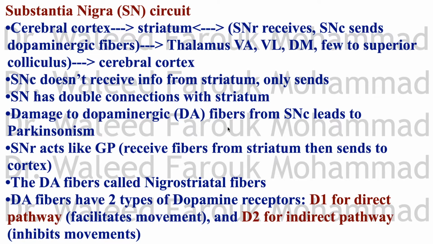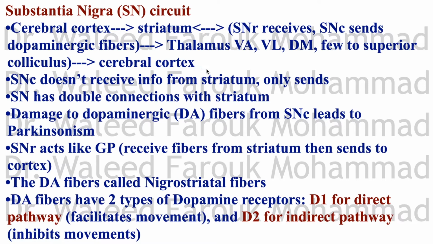Now the substantia nigra circuit. Outflow comes out of the cerebral cortex to the striatum, corpus striatum I mean, and from there the substantia nigra reticulata receives the input, while the substantia nigra compacta sends the outflow through dopaminergic fibers to the thalamus, to the ventroanterior, ventrolateral, and mediodorsal or dorsomedial nuclei of the thalamus, and a few to the superior colliculus as well, and from there back to the cerebral cortex.